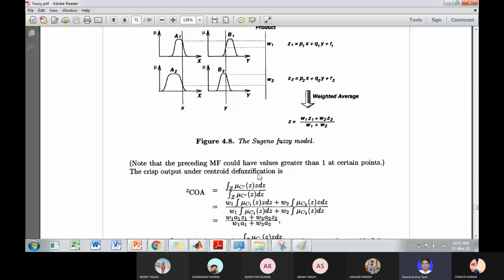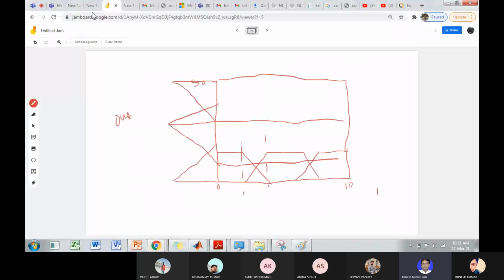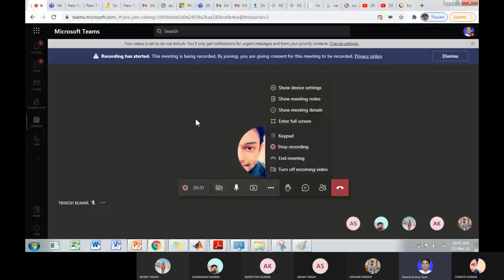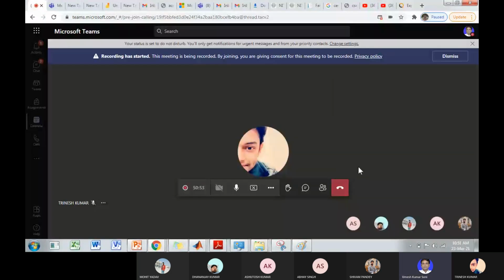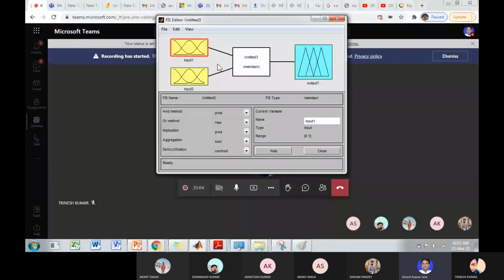So सुजैनो मॉडल को हम बाद में डिस्कस करेंगे आपके. Shivam, actually when we use the Sujano model, here in the Mamdani model you see that the output is a fuzzy membership function.